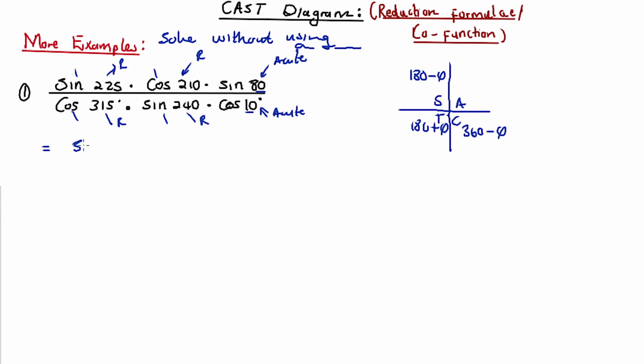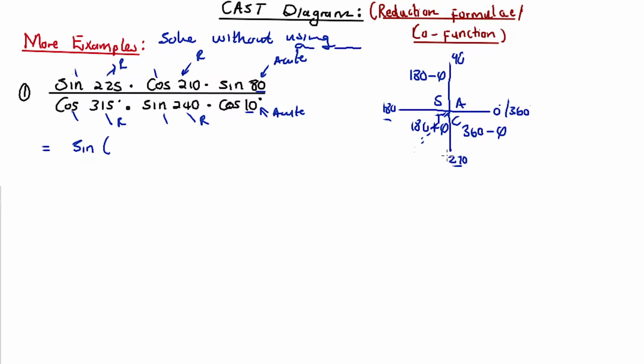Okay, so we have sine, open bracket, 225. Where is this found? It's found in the third quadrant. So here it's 0, 90 degrees, 180, 270, then 360. So 225 is between 270 and 180.